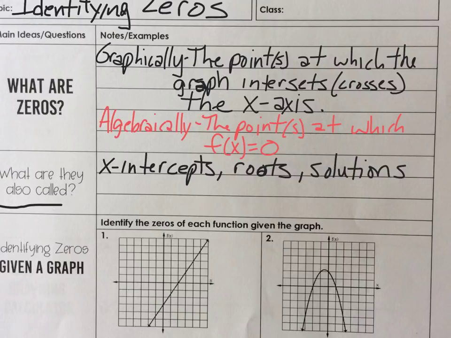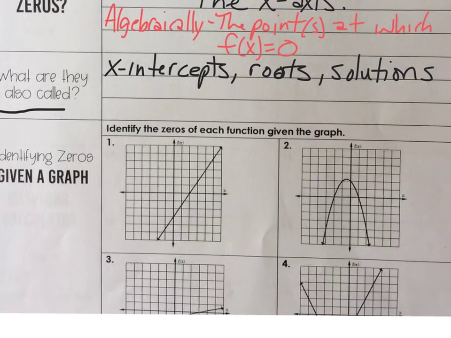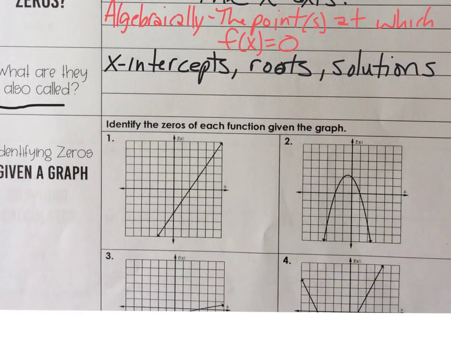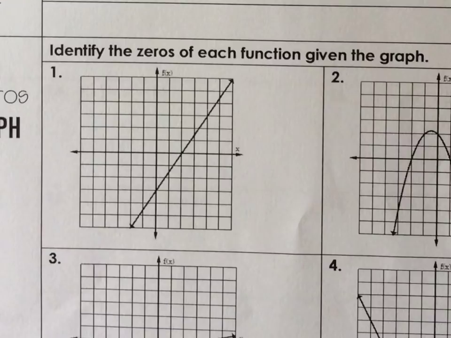Now, you can do it given a graph. If you're given a graph, like number 1, we need to think about where it crosses the x-axis. For number 1, you can see the line crosses the x-axis, the one going this way, right here at the yellow mark.